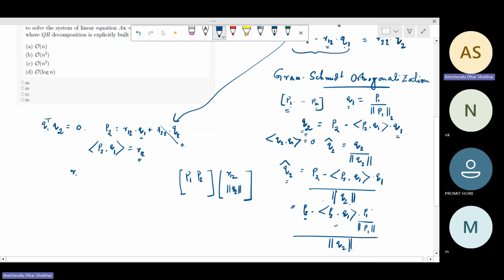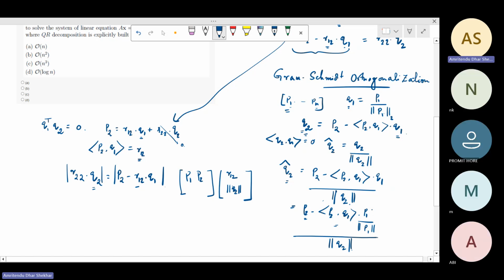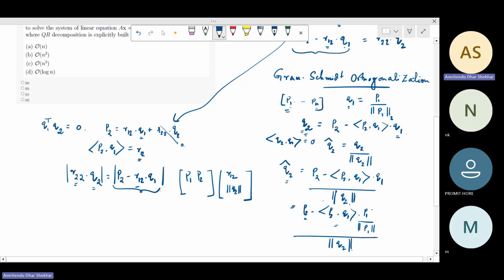So now R22 times Q2 is equal to P2 minus R12 times Q1. R12 is something that we have found out. Again, you take the norm of this side. This is equal to 1 because you want it to be a unit norm vector. And R22, you can take to be just the norm of this thing.